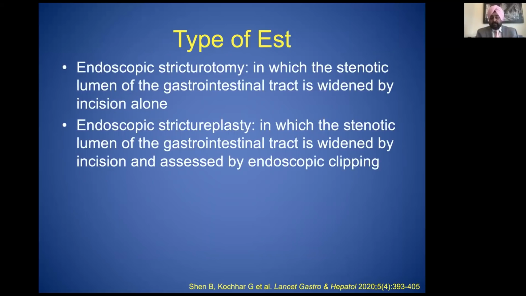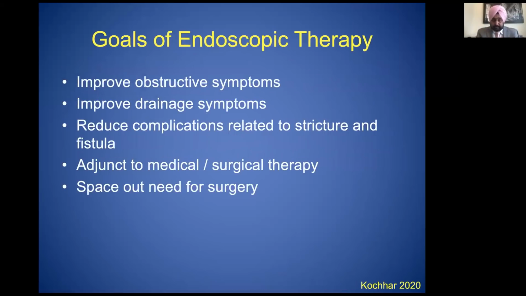Our global intervention IBD group, led by Dr. Shen and myself, recently published our first guidelines in Lancet Gastroenterology and Hepatology, where we described endoscopic stricturotomy, in which the stenotic lumen of the GI tract is widened by incision alone, and endoscopic strictureplasty, in which we not only widen the lumen, but we also put clips at the end of the procedure to maintain the patency of the lumen and prevent the edges from going back together.